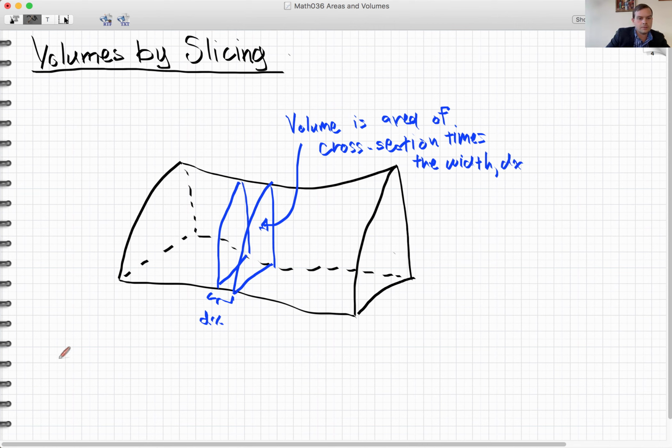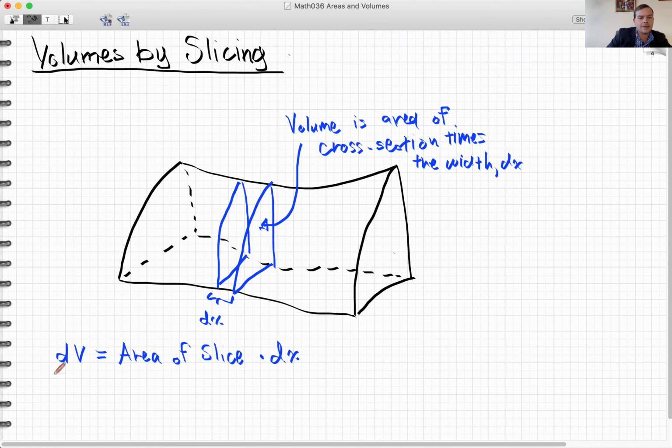So this little dV, the differential chunk of volume of the slice, is equal to the area of the slice times the differential chunk of width.